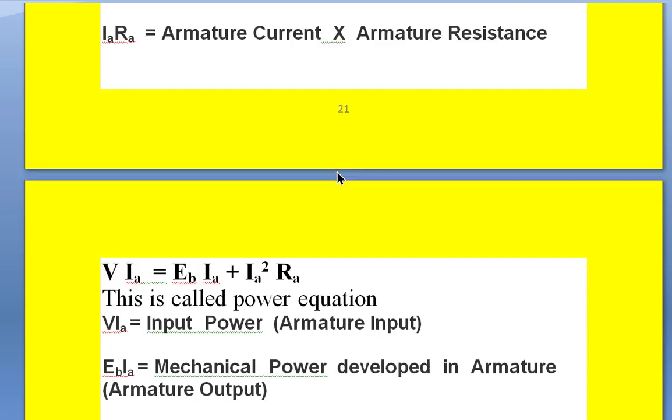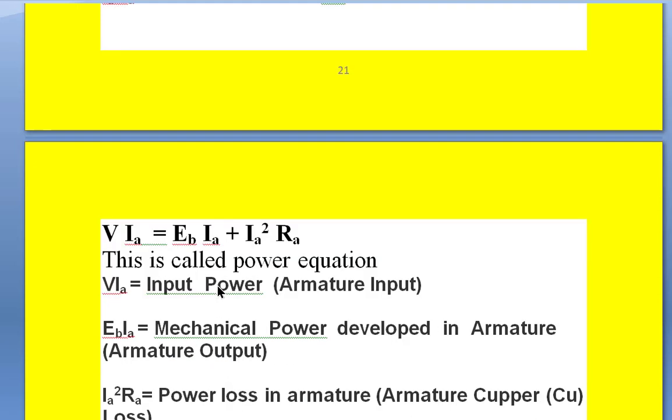As we have seen, a motor takes electrical power and gives mechanical output. So V into IA is the electrical input power, EB into IA is the mechanical power output, and IA square RA is the copper loss.